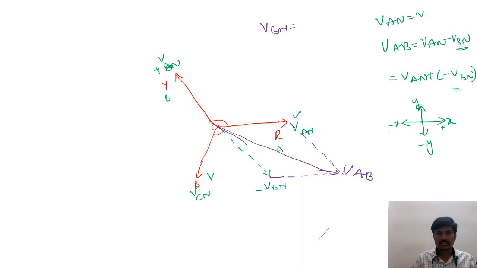Now in the same manner, go for the other one, VBC, which is equal to VBN minus VCN. So here VBN is there, but we don't have minus VCN. So we can take the mirror image of VCN, which will give you minus VCN. Again the same method to get the resultant: draw parallel lines from this point also.